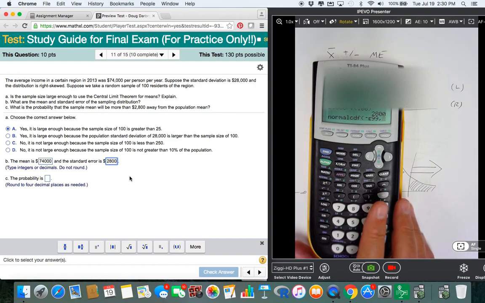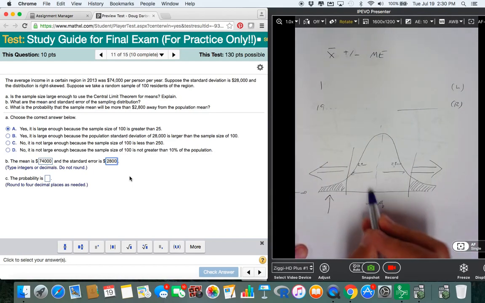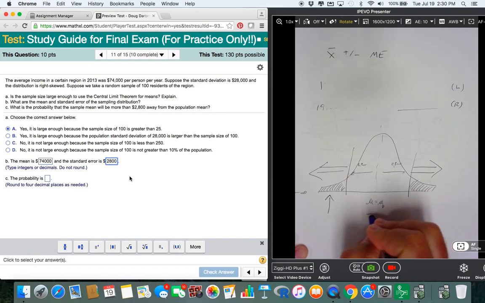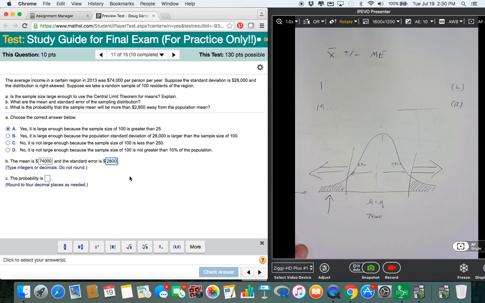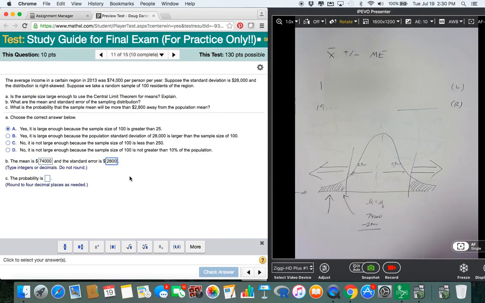What do you think, boys and girls? Well, what value is 2,800 below the mean? The mean is 74,000. And if I subtract 2,800, then I get the value that is 1 standard deviation below the mean.